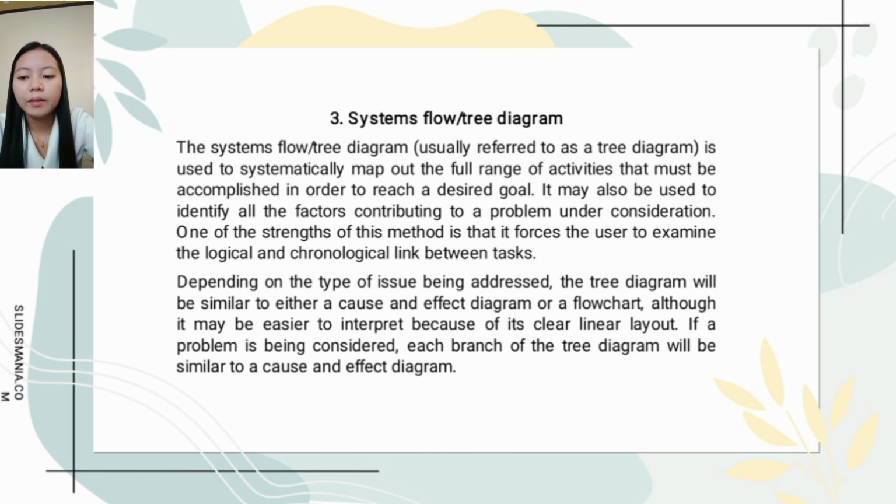And may similarity sila ng interrelationship kasi dito cause and effect or flowchart yung tinatakel. Pero mas madaling maintindihan yung flowchart because yung pinaka-layout niya is sunod-sunod lang ng pababa, ganon. And kapag yung issue na considered na, yung bawat branch ng tree ay similar na sa cause and effect diagram.